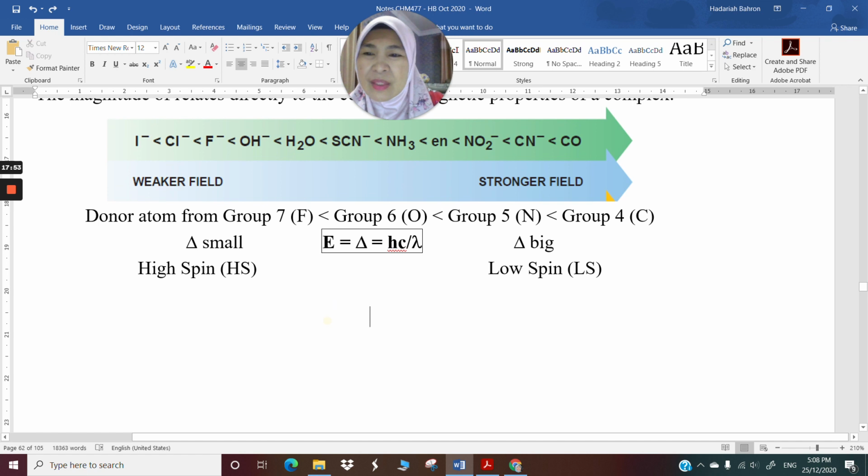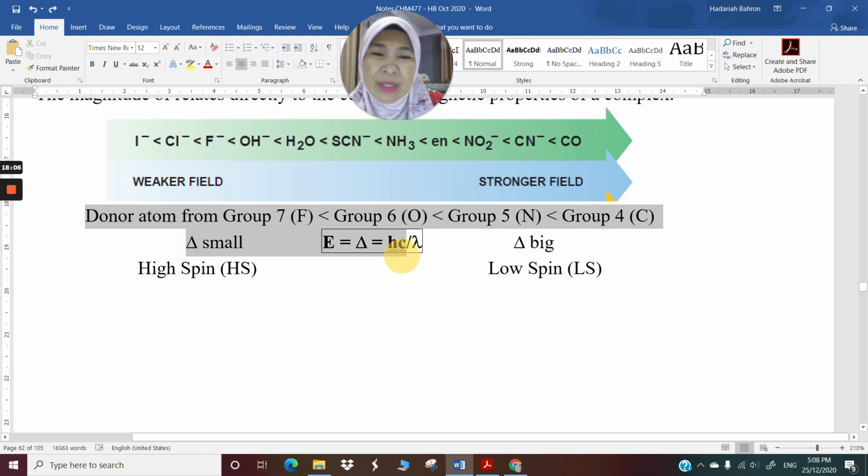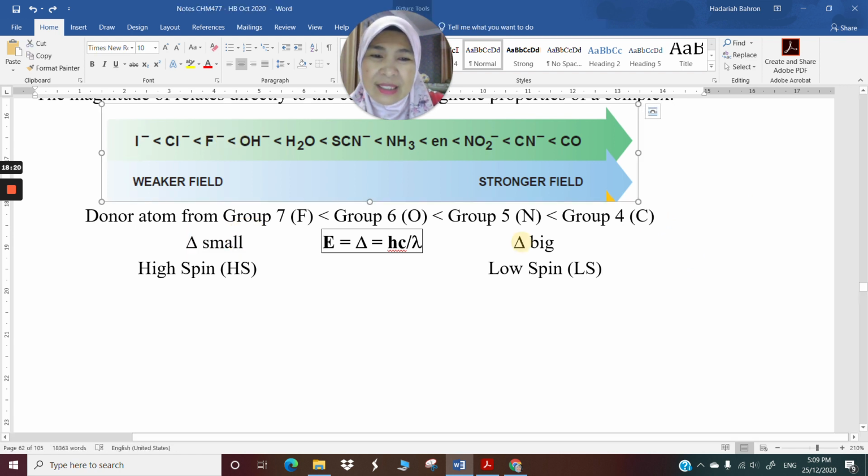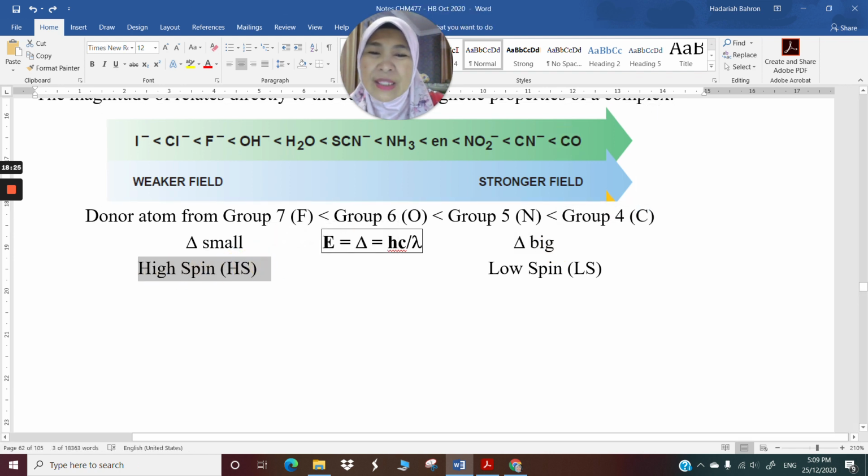As you can see here, the donor atom from group 7 is in the weakest field, followed by the donor atom from group 6, oxygen, followed by the donor atom from group 5, nitrogen, and the donor atom from group 4, carbon. So the delta is small for the weak field ligands, the delta is big for the strong field ligands, and I'm going to explain what it means by high spin and low spin later when we talk about magnetism.